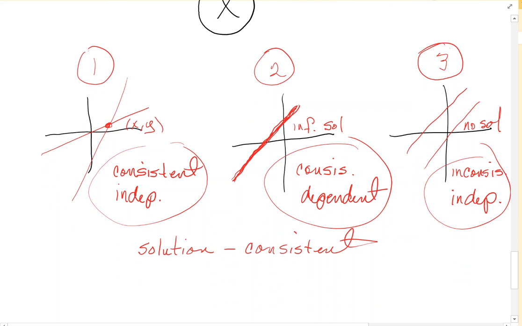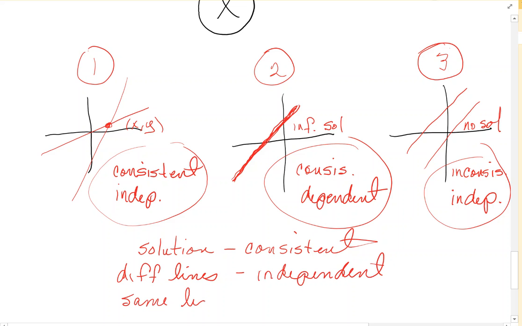If you have different lines, they are independent. If you have the same line, they are dependent. And if you have no solution, it is inconsistent.